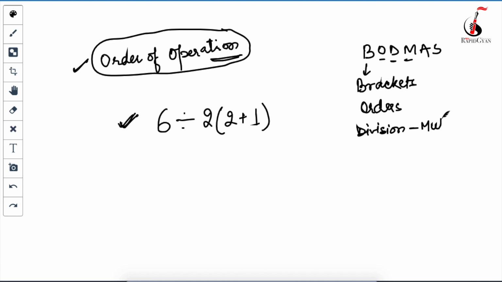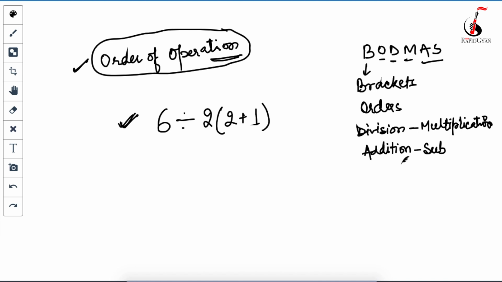Both division and multiplication have the same precedence, and in the same way, both addition and subtraction have the same precedence. So what do we do in a problem if we get operations of the same precedence?